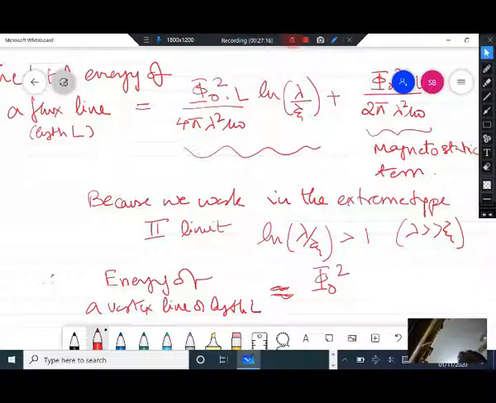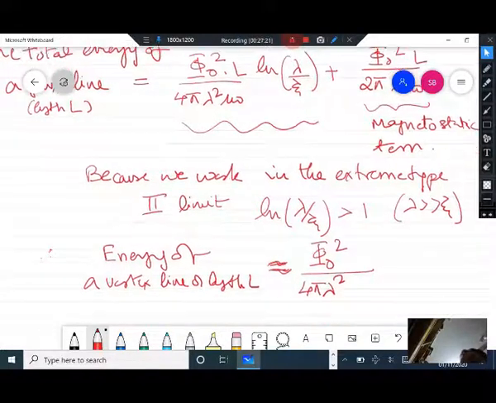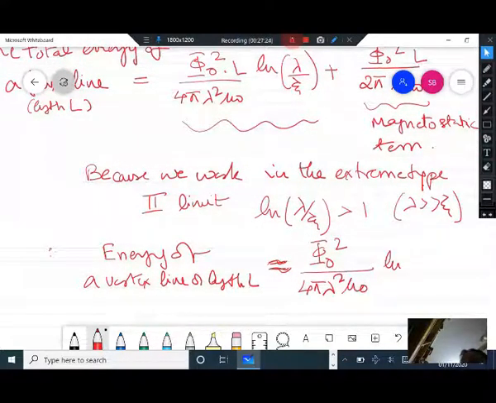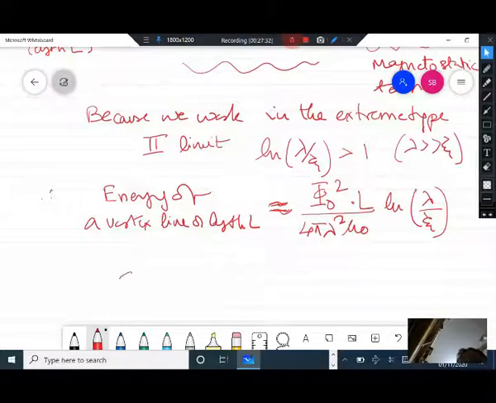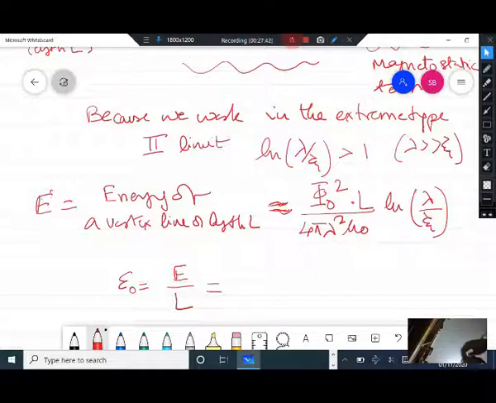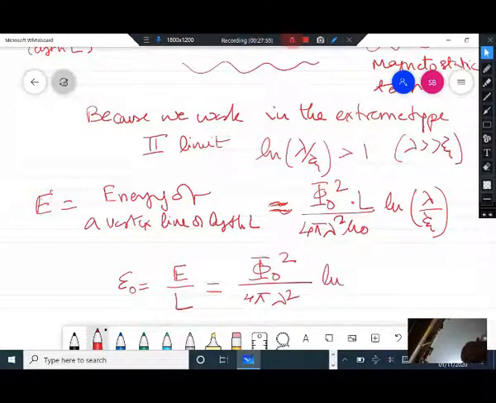So phi naught square by 4 pi lambda square mu naught log of lambda by xi into L, or E naught, which is equal to energy E. If E is the total energy of a flux line of length L, the energy of a vortex per unit length is basically phi naught square by 4 pi lambda square log of lambda by xi.